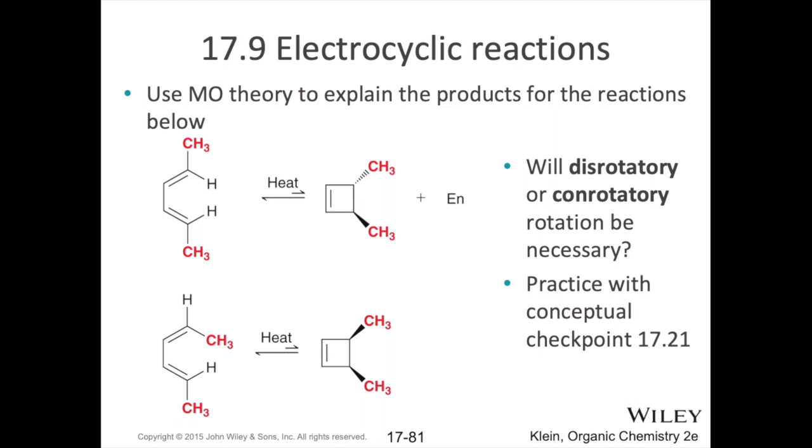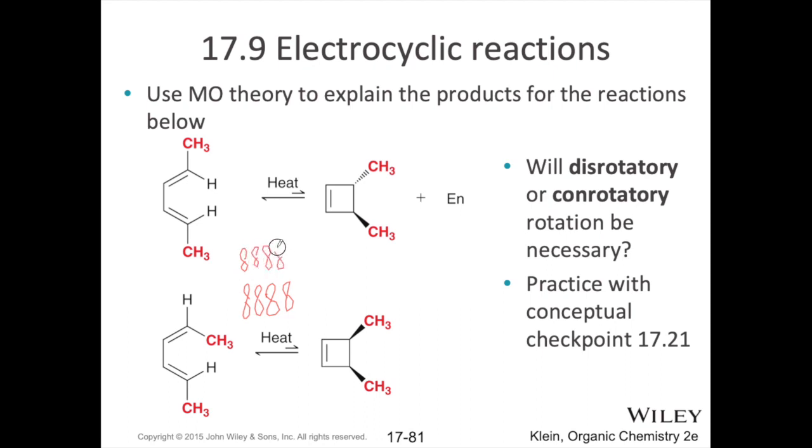So for this particular molecule, or for either of these, we have four carbons that are involved in this conjugated pi system, right? There's two double bonds here, so two pi bonds. So that's four pi electrons that are involved. So if we were drawing out our molecular orbitals for this, we'd have four carbons that are involved, and we'd have four molecular orbitals.